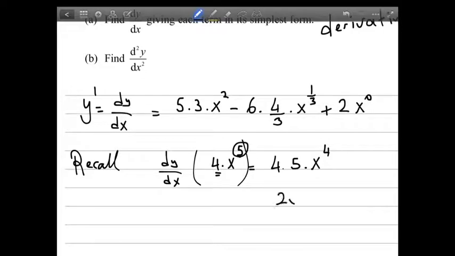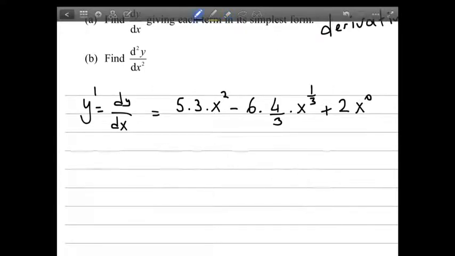And we have 20 times x to the power 4. And we did the same procedure here. We have 15x squared minus 8 x to the power of 1/3 plus 2. That is y prime or dy over dx.